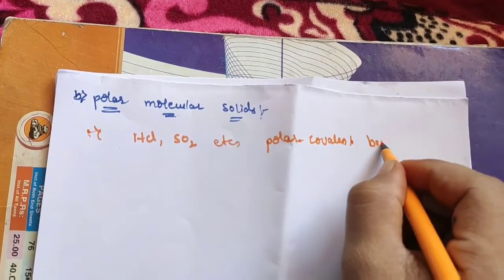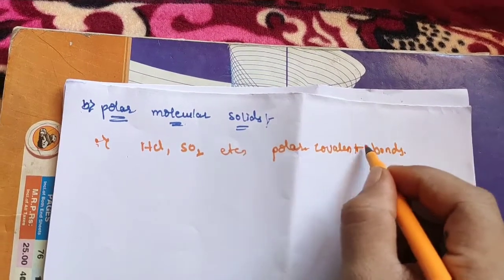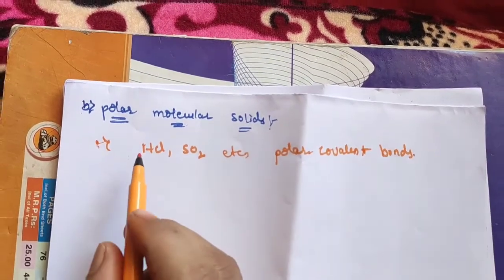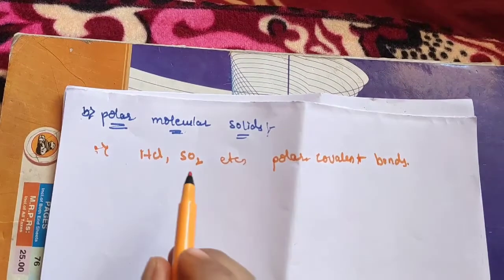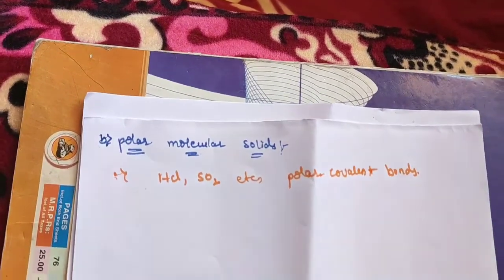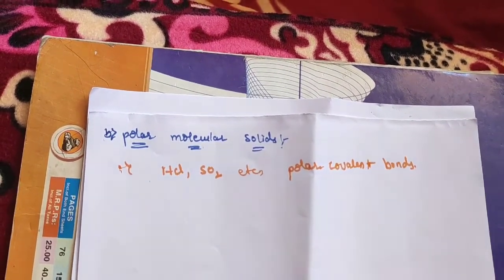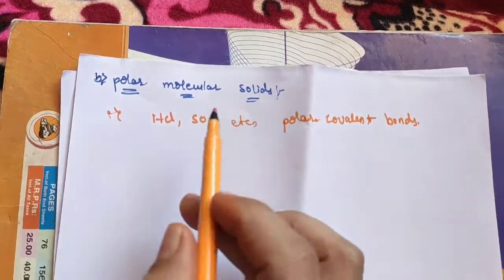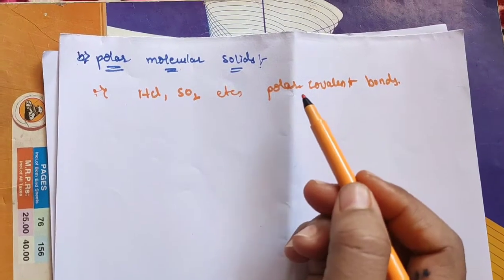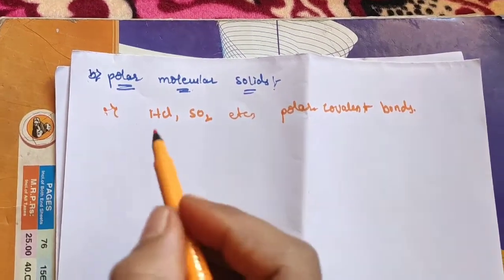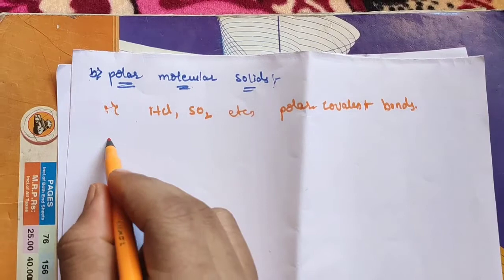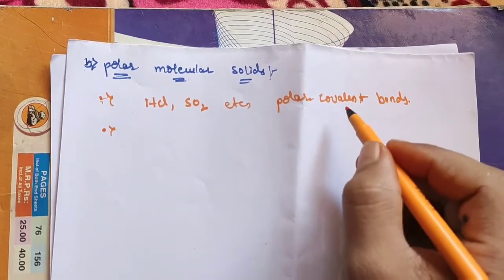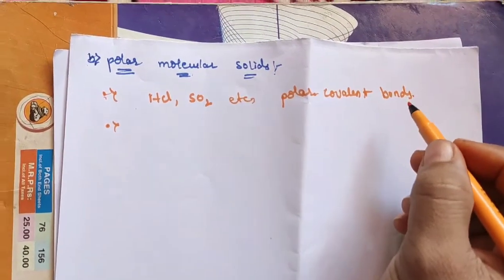Earlier we saw that nonpolar molecular solids are held by nonpolar covalent bonds, but polar molecular solids are held by polar covalent bonds, meaning they consist of charges while still being covalent in nature.